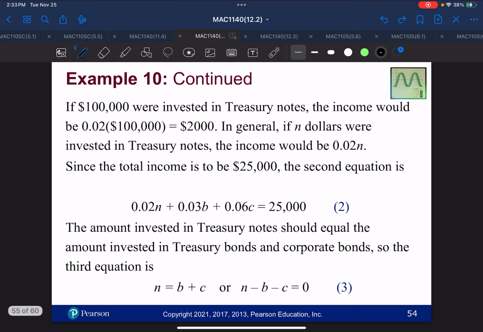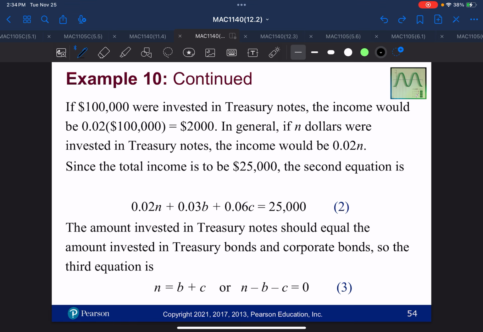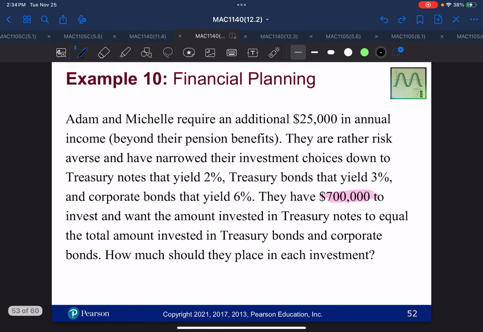And then the second one comes from the percentage per note or bond. So they said that the treasury notes yield 2%, so they'll gain 2% off of their treasury notes. Treasury bonds yield 3%, and corporate bonds yield 6%.